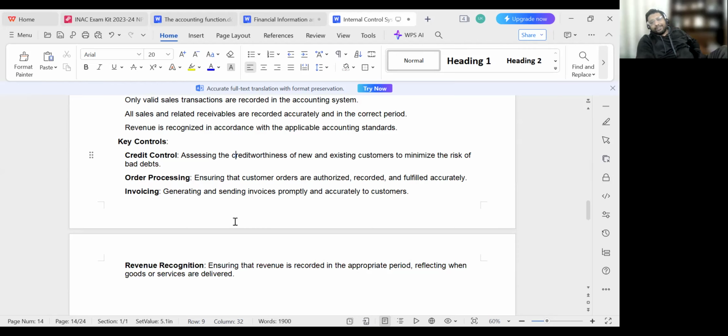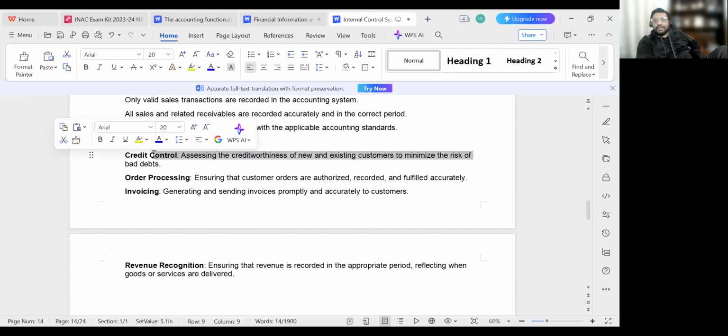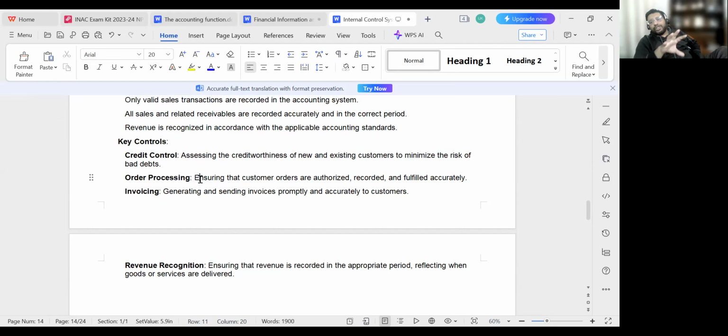So what control systems can we use for this? We can use credit control. Credit control is the process in which you assess the creditworthiness of the customer and see whether this customer is worthy enough to be given credit or not. You would only give credit to customers who pass your test, because you don't want that risk.